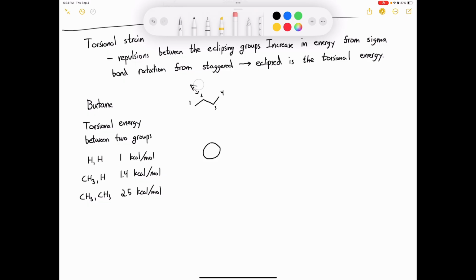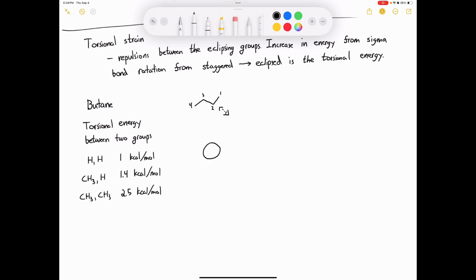Actually, let's go back. Sorry, guys. Let's just draw it this way because it's positioned better in this case. If you look at the front carbon, let's just erase these numbers and redraw it really quick. 1, 2, 3, 4.